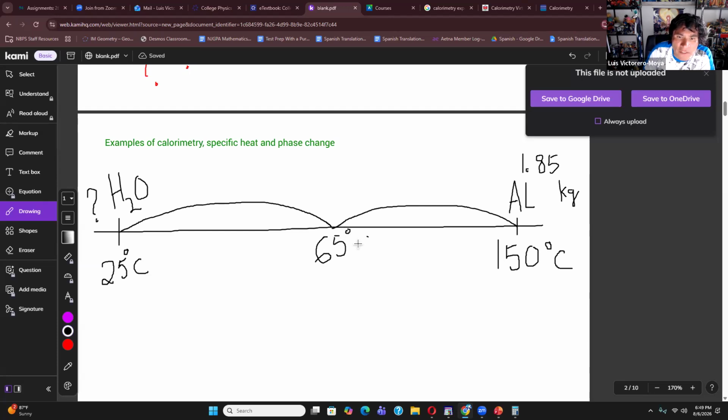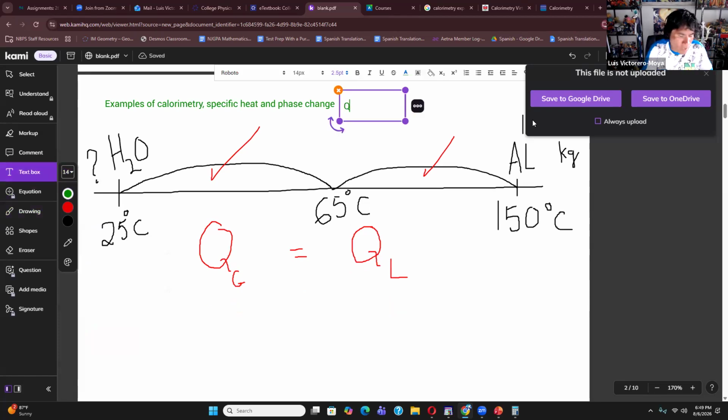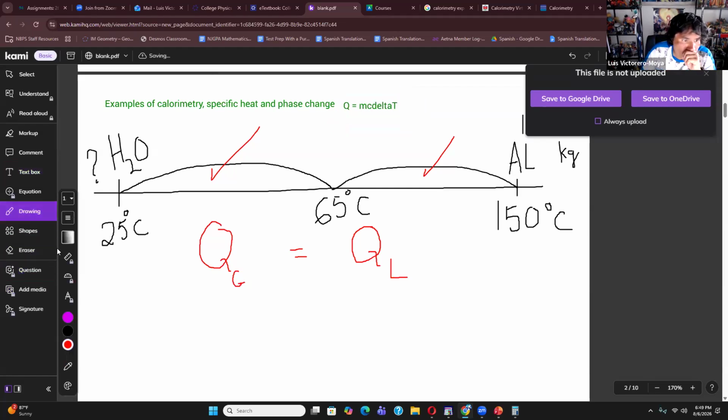Why do I do this method? Because it's easy to visualize Q gain, Q lost. Q gain is equal, if we assume there is no loss in the surroundings, and that's what determines the problem, to Q loss. So Q, remember, Q equals m c delta T. So the mass, you don't know.